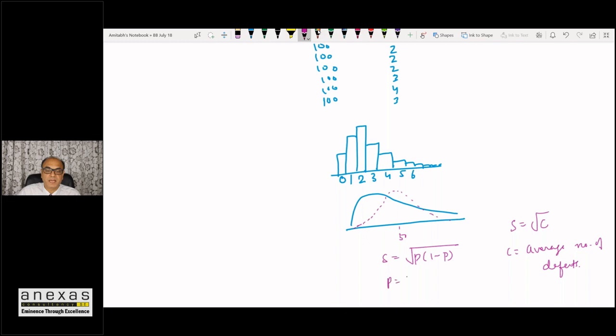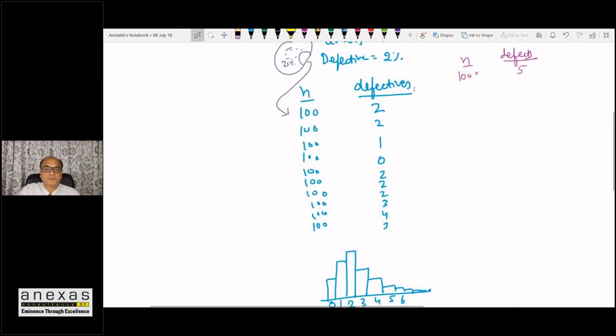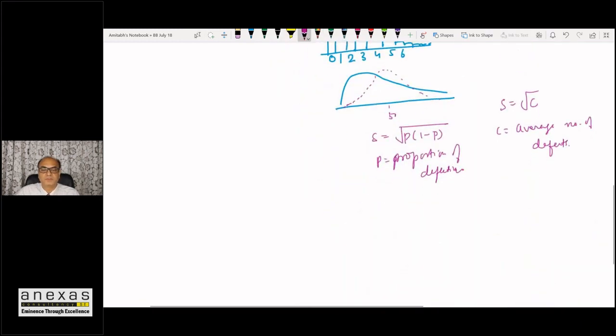In my example here, P is 2%, so the standard deviation will involve 0.02 multiplied by 0.98, that is, 1 minus 0.02. 2% means proportion.